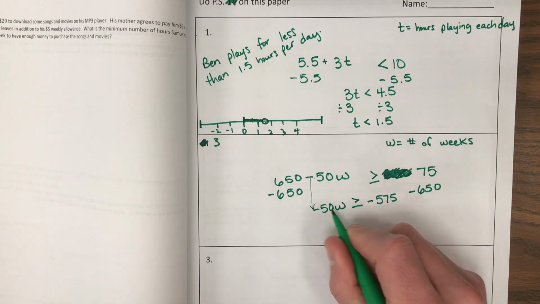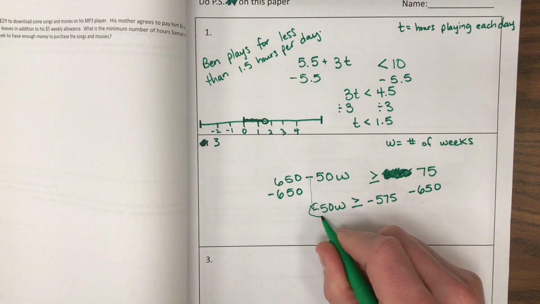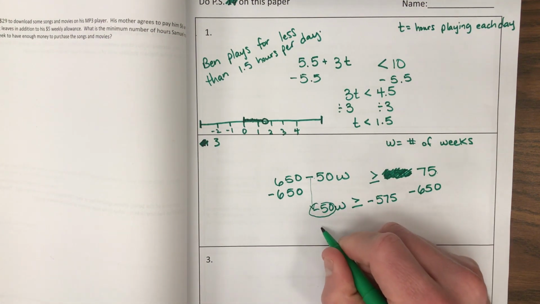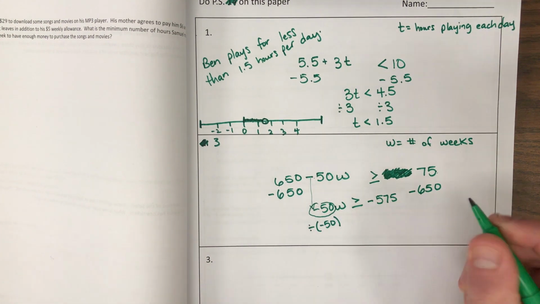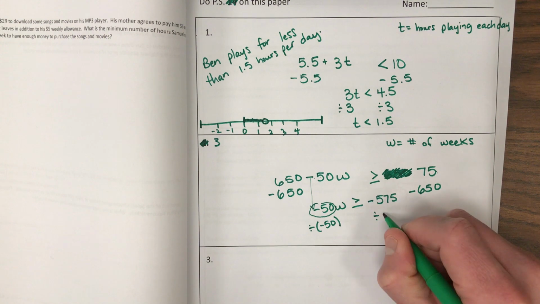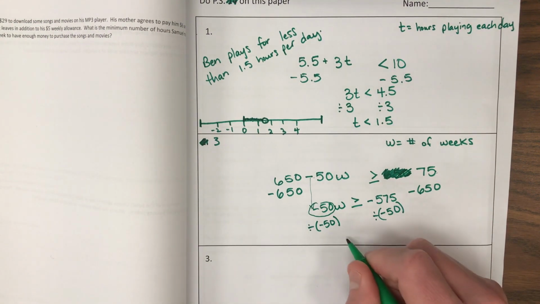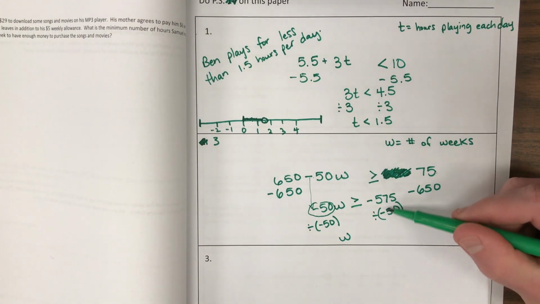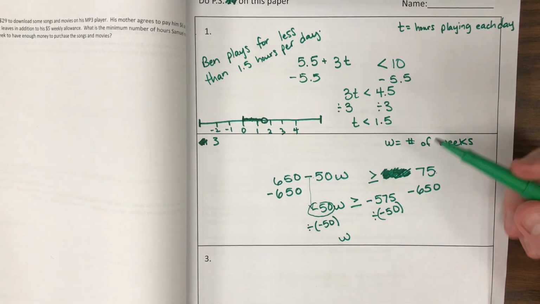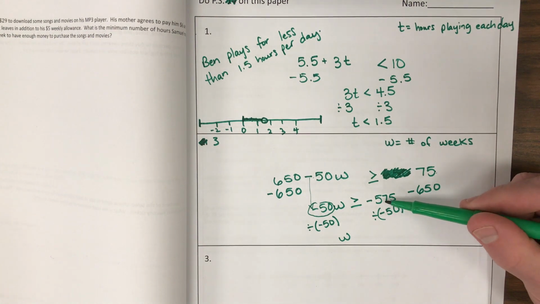All right, and now I have to divide both sides by negative 50. I want to get this W by itself, so I divide by this number that's in front of it, and that's negative 50. So divide by negative 50, divide over here by negative 50. And so that leaves me with just W on this side. And then, well, thinking about how many times does 50 go into 500, that'd be 10.